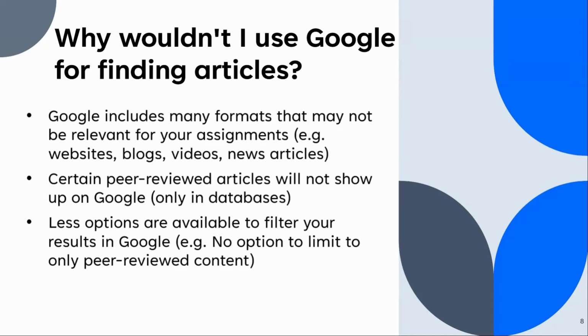For example, you could filter to only have peer-reviewed results, where when you're using something like Google, you don't have that kind of option. And there's a bunch of different ways to organize your results and have certain things show up. And you don't have as many of those options when you're just searching in Google or even Google Scholar too.